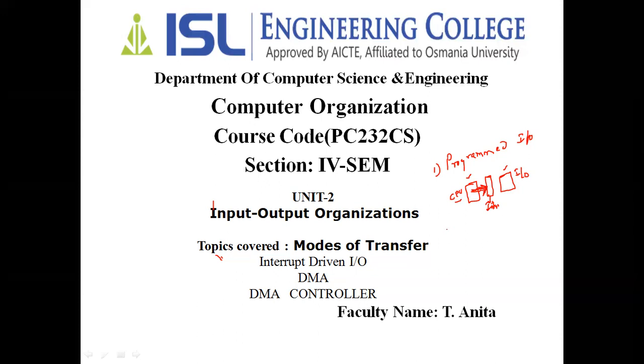In order to overcome that, we have gone for interrupt-driven IO. What is interrupt-driven IO? See this diagram. Interrupt-driven, in the sense that instead of the CPU always checking the interface, once the IO request is received, the interface is going to interrupt the CPU, saying a request has come.